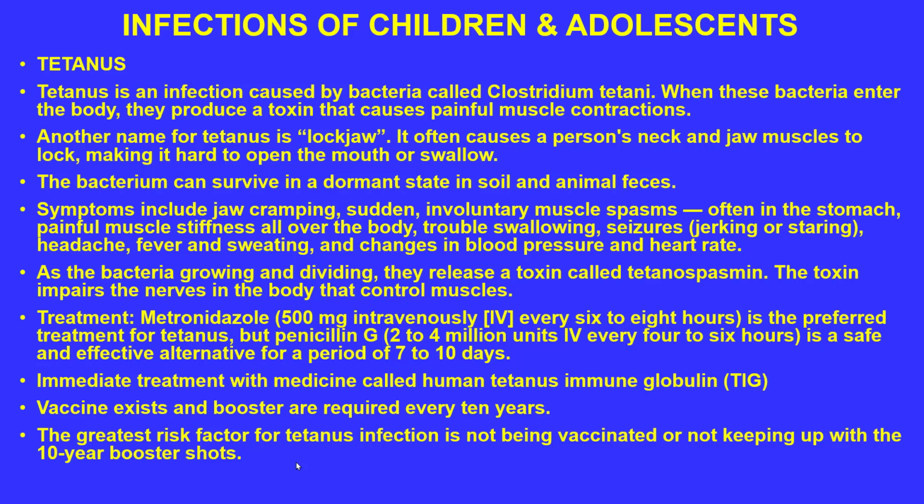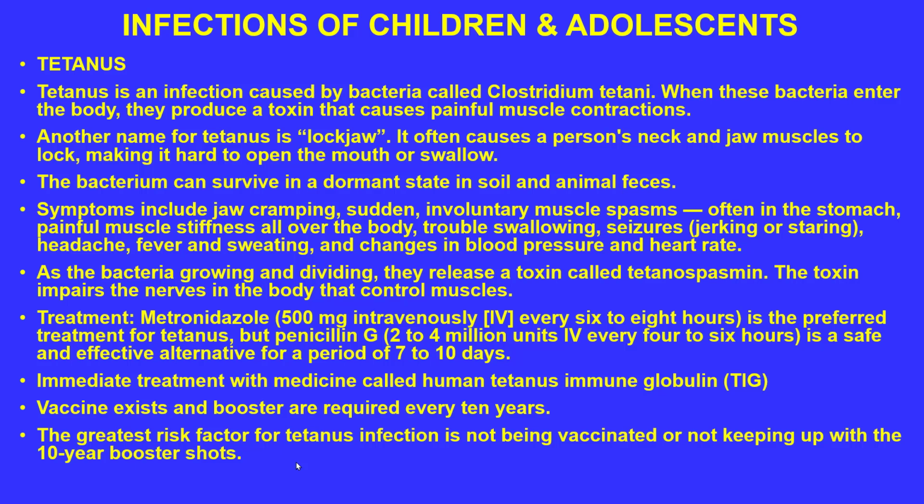That's the tetanospasmin. That's why this disease had the other name. 200 years ago, you would commonly refer to it as lockjaw. It causes the person's neck and jaw muscles to lock and makes it harder to open the mouth or swallow.